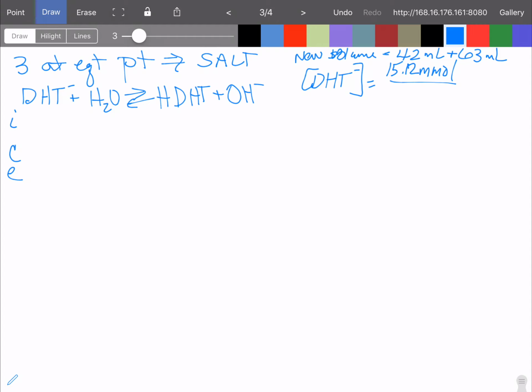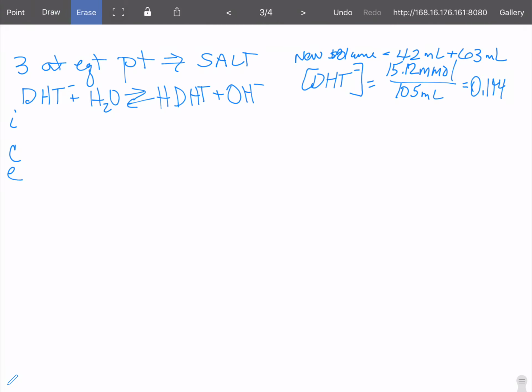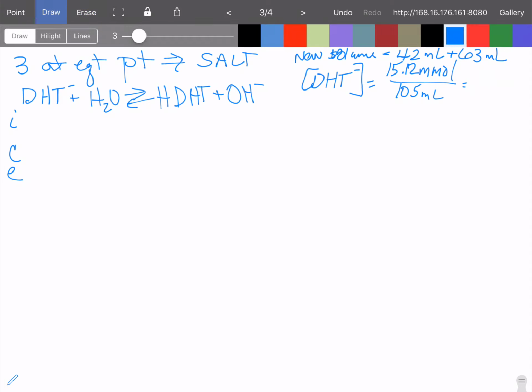So our new volume is 105 milliliters, which means our new concentration is 0.144 molar. Okay, so we come back over here, 0.144, 0 minus x, 0.144 minus x, plus x, plus x, x, and x. All right, now the other trick is we need our Kb.